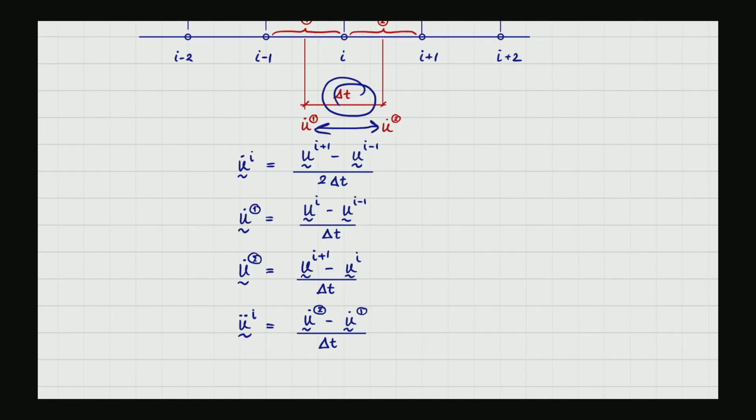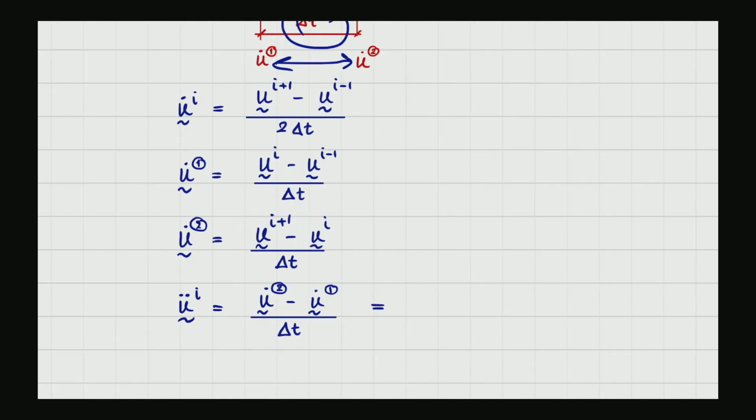What's next? We expand this term. So the u dot 2 is given by displacement at the i plus 1 minus ui, minus u dot 1. U dot 1 is here. So the minus turns out to be plus ui minus 1.